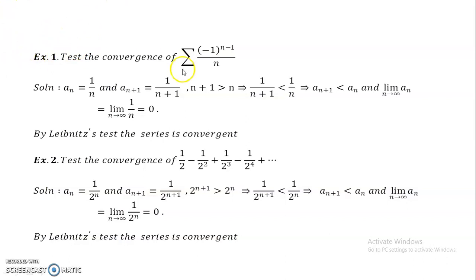Now when you compare these two, we see that a_(n+1) is less than a_n.